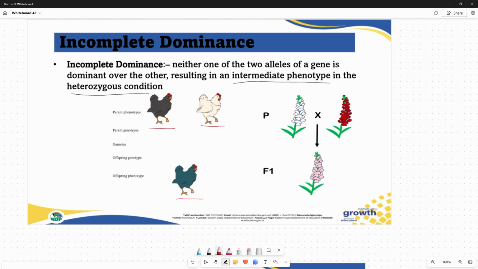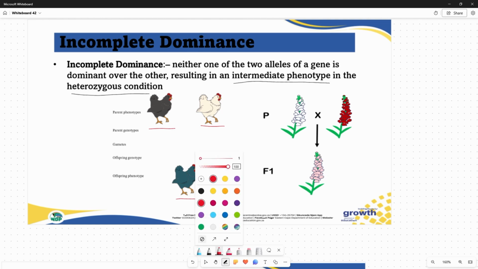So when you are looking at examples with incomplete dominance, instead of having the phenotypes of the parents, there will be a third phenotype which will be different from both of the parents, but it will be an intermediate phenotype, meaning it will be something in between the phenotype of the parents. Now let's look at the second example.